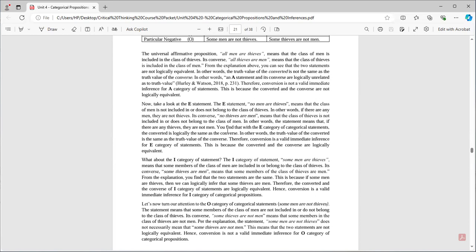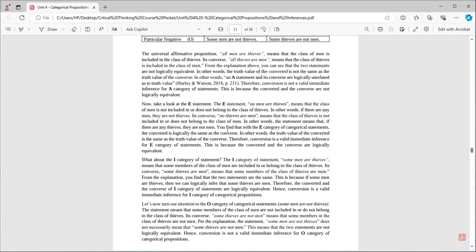No. Some men do not belong to the class of thieves. It does not mean that some thieves do not belong to the class of men. Okay, it's clear, sir. They're not the same.